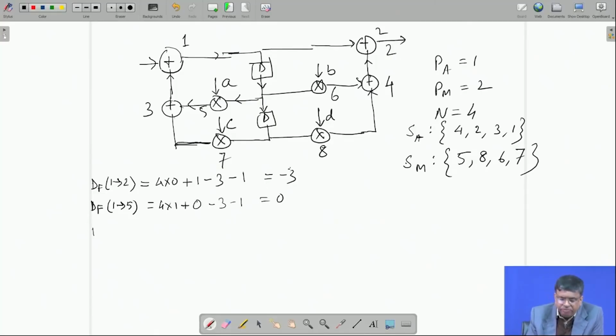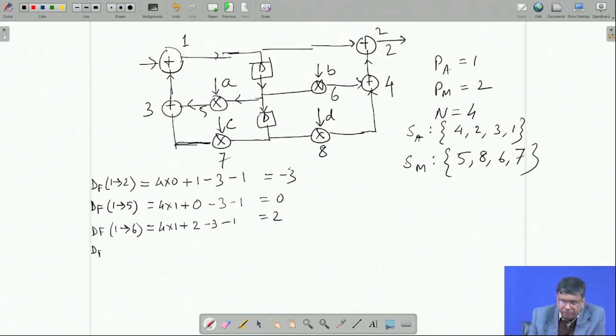Then DF 1 to 6, again 1 delay. So, 4 into 1, 6 has a schedule 2, this part remains as before because it is adder 1. So 4 plus 2 minus 3 minus 1, so 1 to 6 is 2.